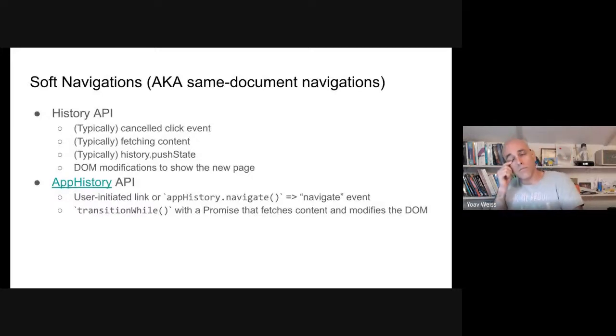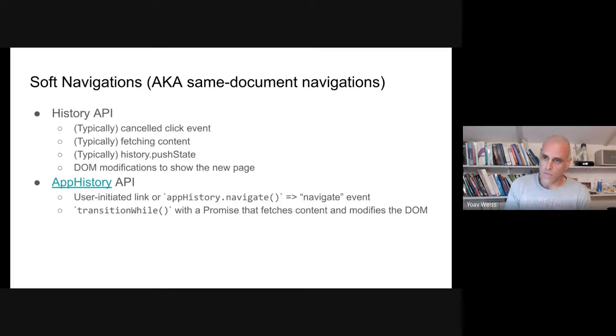First of all, a little bit of an explanation on what soft navigations are, because apparently some folks are not familiar with that term. I'm not sure if it's a term you use often in the working group, but they're also called same document navigations.